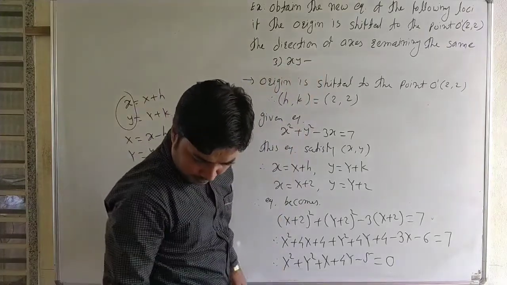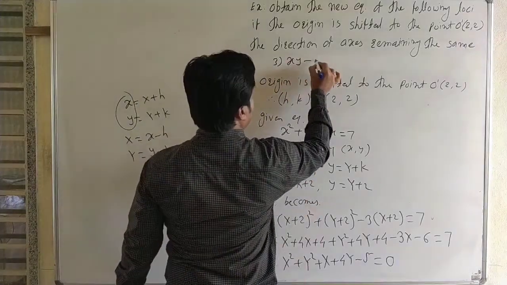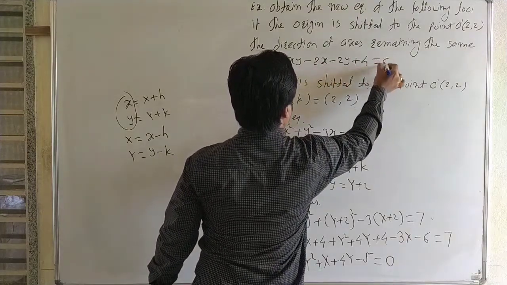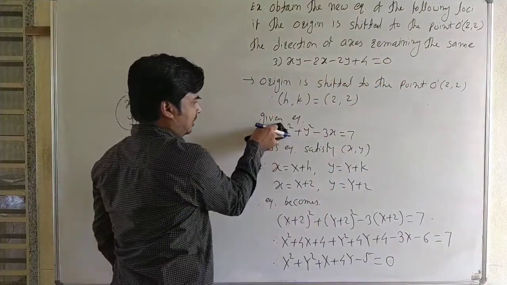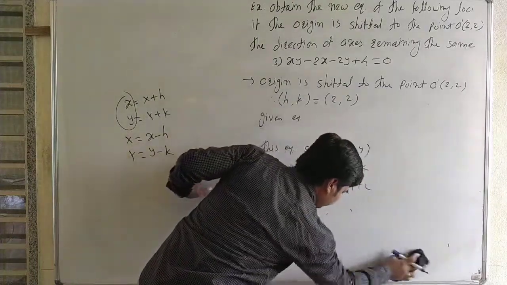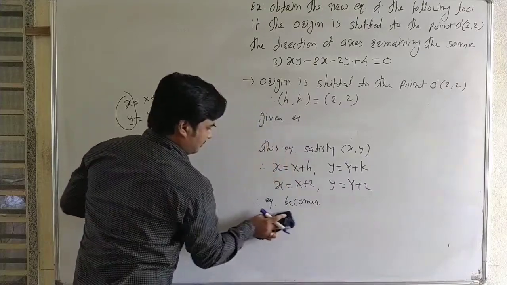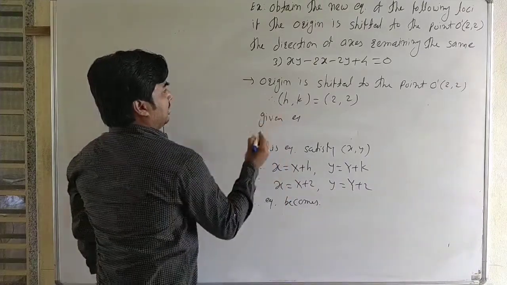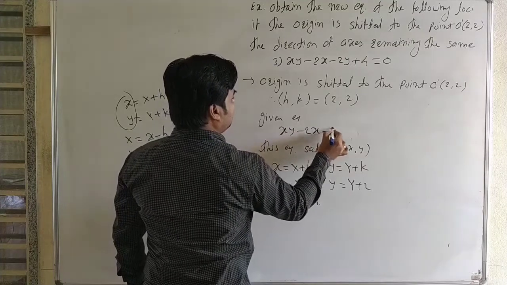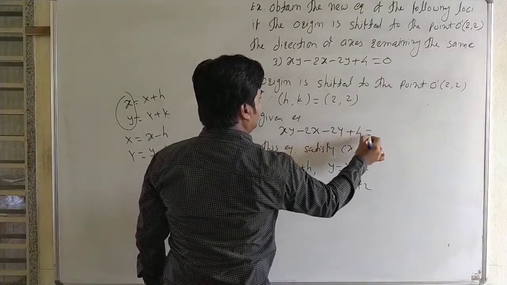xy minus 2x minus 2y plus 4 is equal to 0. Again the same, the given equation xy minus 2x minus 2y plus 4 is equal to 0.